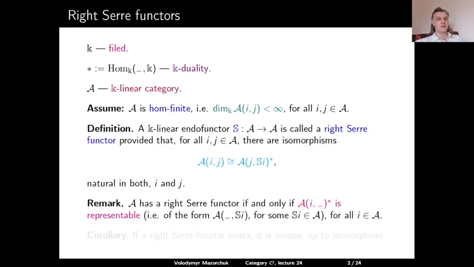Remark: directly from the definition it follows that A has a right Serre functor if and only if the functor A(I, blank) dual is representable for any object I in A. In case this functor is representable, it must have the form A(blank, object) for some object in A, and this object is denoted by S of I. So this gives us a definition of S. This gives us directly the property that in case a right Serre functor exists, it is unique up to isomorphism.